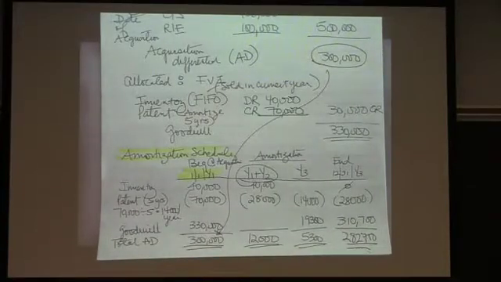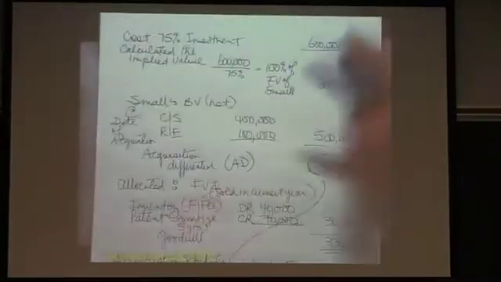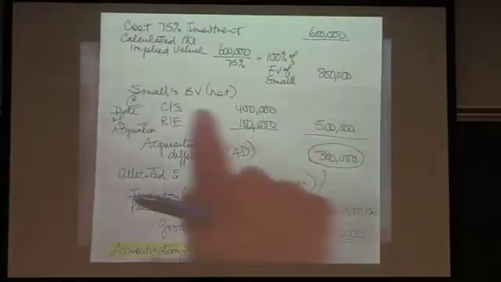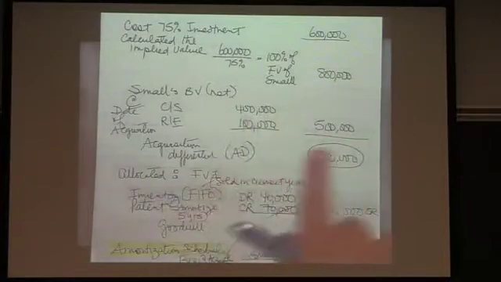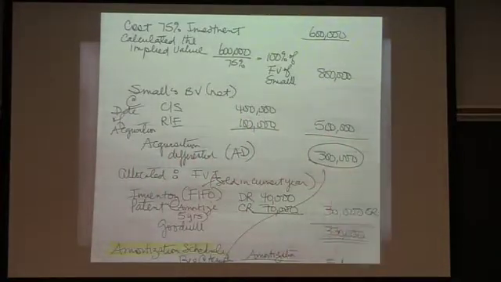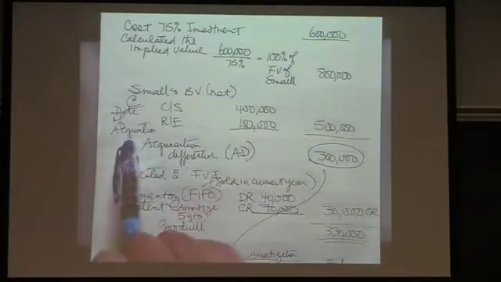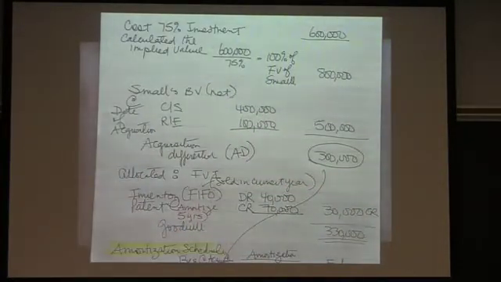Okay, so before we can answer the question, we needed to analyze the acquisition cost. That's exactly what we did here. And then we had to determine our acquisition differential based on 100% of the fair value less the book value at the date of acquisition. That's extremely important.